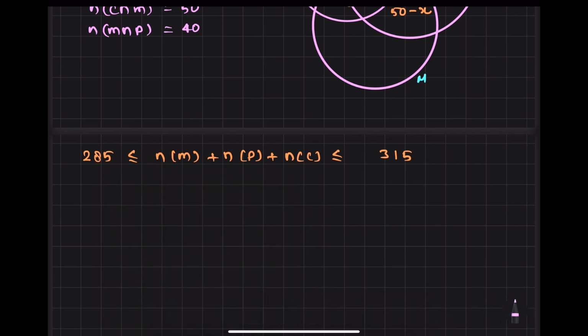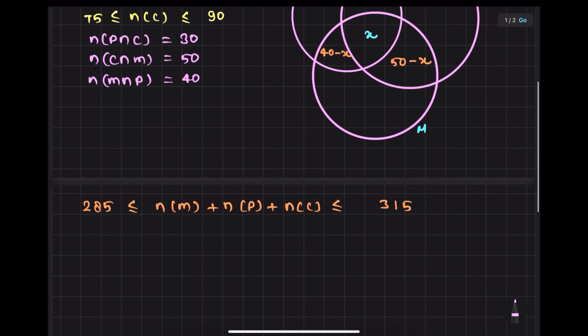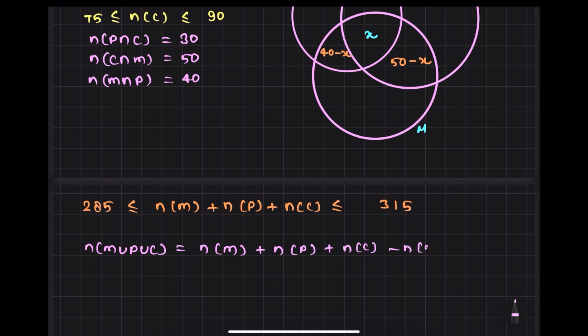Now I will take help of the formula: n of maths union physics union chemistry is n of maths plus n of physics plus n of chemistry minus n of maths intersection physics minus n of physics intersection chemistry minus n of maths intersection chemistry plus n of maths, physics, chemistry.